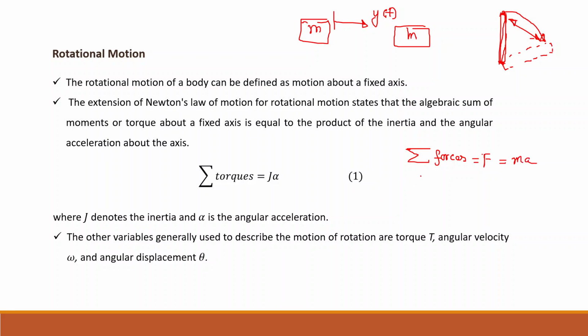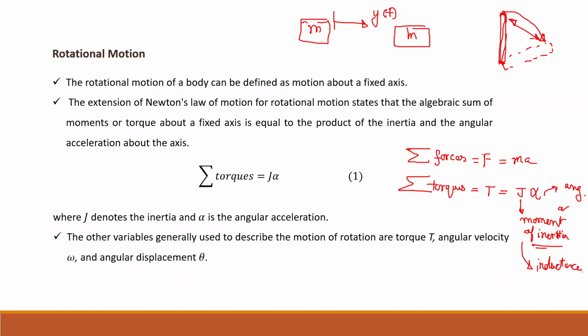Here we say the summation of torques T is equal to J times alpha, where J is the moment of inertia. Here it is also inertia, so it will be represented using inductance. And alpha is the angular acceleration.